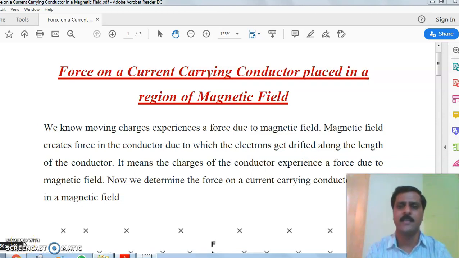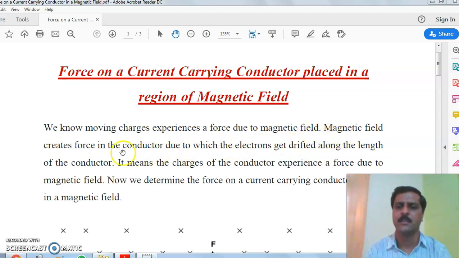Today we will study force on a current carrying conductor when placed in a region of magnetic field. We know moving charges experience a force due to a magnetic field.